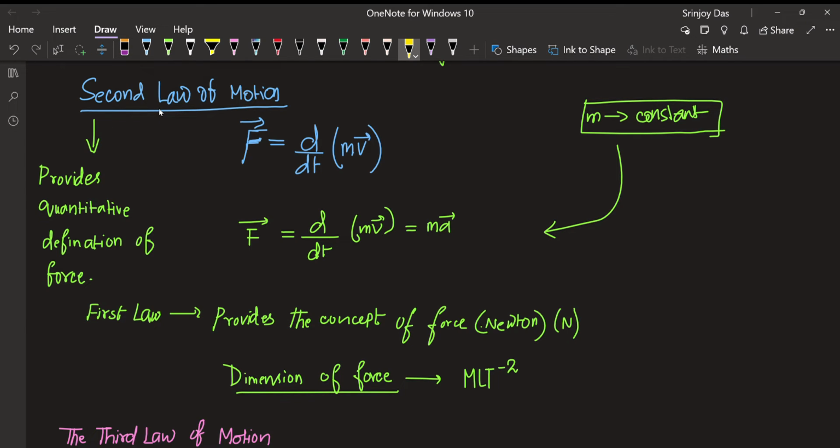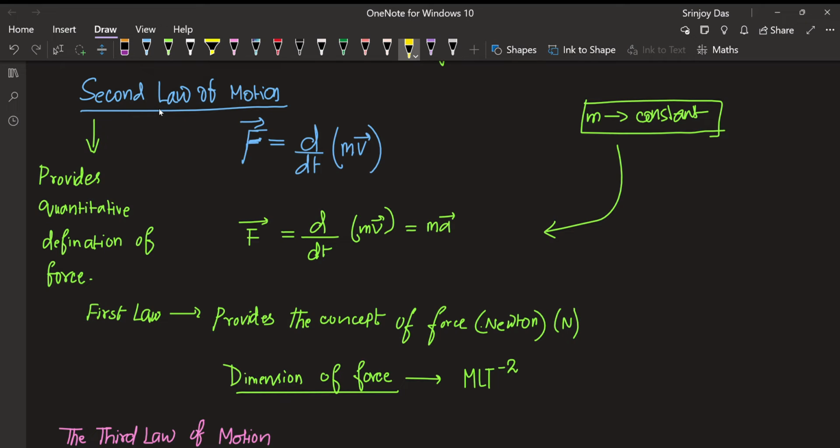And second law of motion, it provides the quantitative definition of force. Means second law of motion doesn't speak about the other body also. We say that it is partly correct. It does not even give the information about the third object.